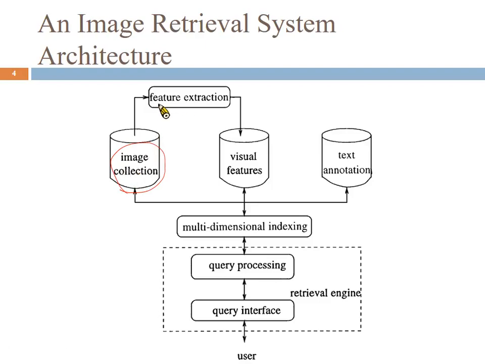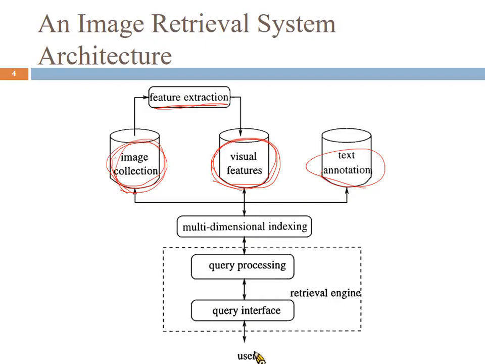So we need to extract representative features, or we have to do some signal processing to extract representative information from the large amount of images. So we have to do feature extraction, and then we will compare the visual features between images so that we can know the similarity between different images. And of course, if we have time, we can hire people to do text annotation.